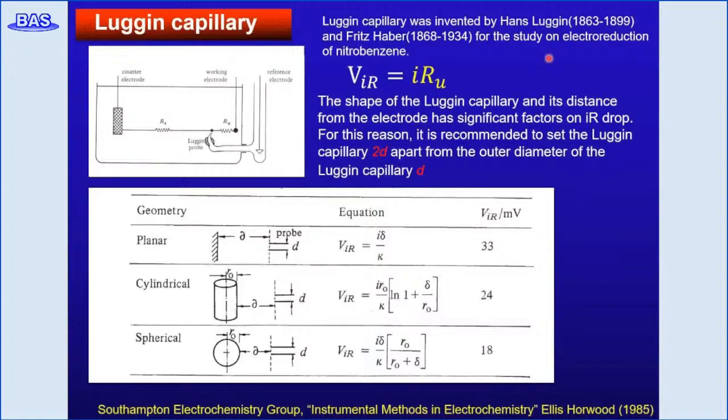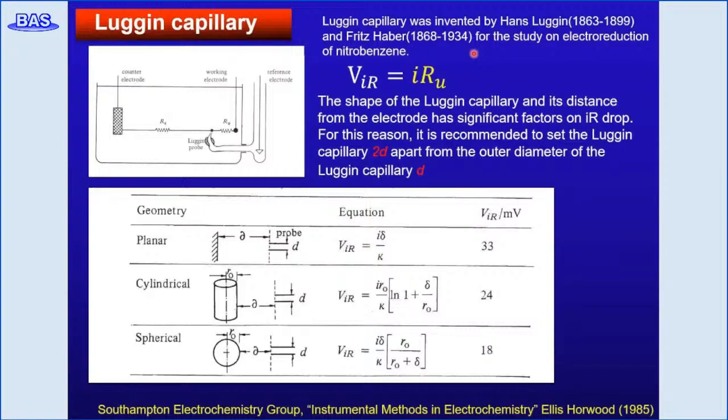Hans Luggin worked with Professor Fritz Haber, the famous professor, on the development of ammonia synthesis from dinitrogen and hydrogen. Haber was studying the electrochemical reaction of nitrobenzene at that time.